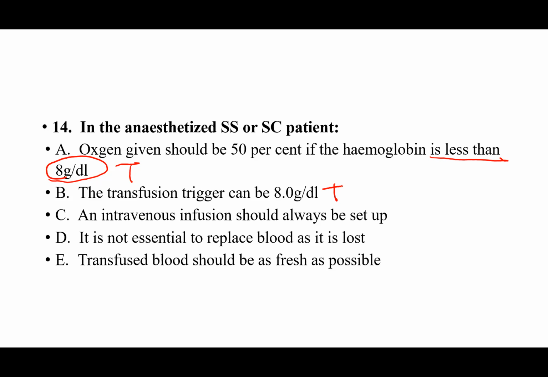It depends on the individual, but usually it's around 7 grams per deciliter. No, you did not answer the first question, that is the second question. What is a steady state hemoglobin for a sickle cell disease patient? It is the normal hemoglobin level for a healthy sickle cell disease patient. That is your definition. Where did you read it from?